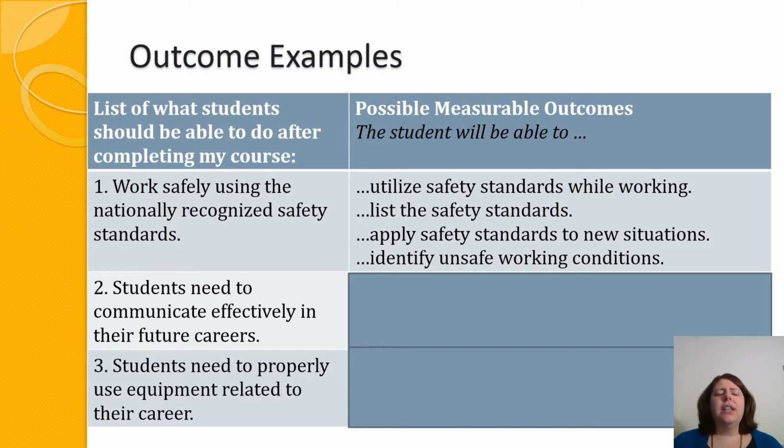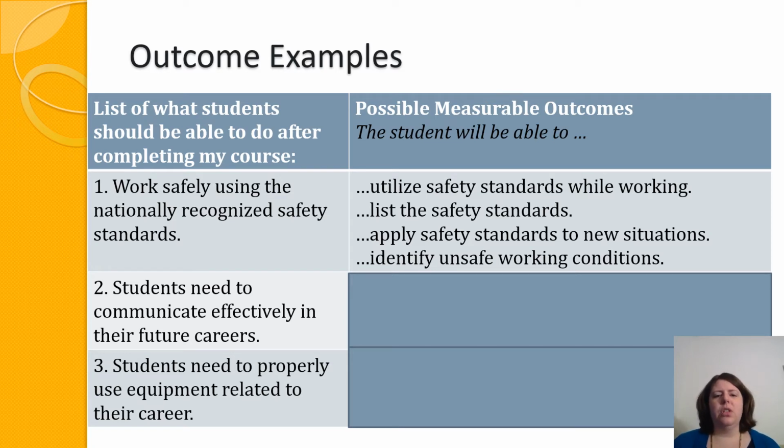Now, identify, you'll actually find in a couple of different places in Bloom's verbs. Identify is actually in the most basic part, but you can also put it in a higher level. For example, I would say that this is an example of applying this particular concept.